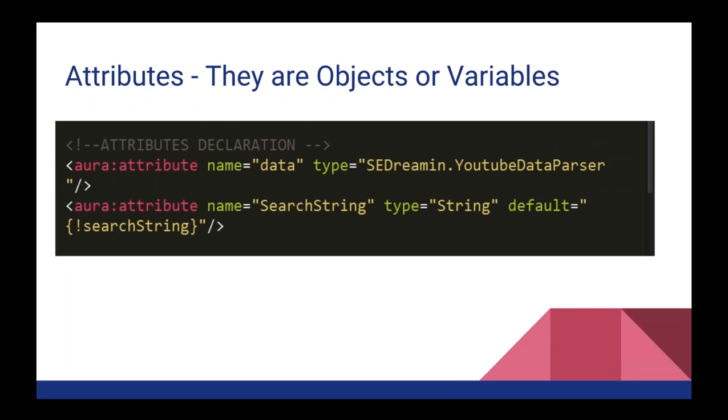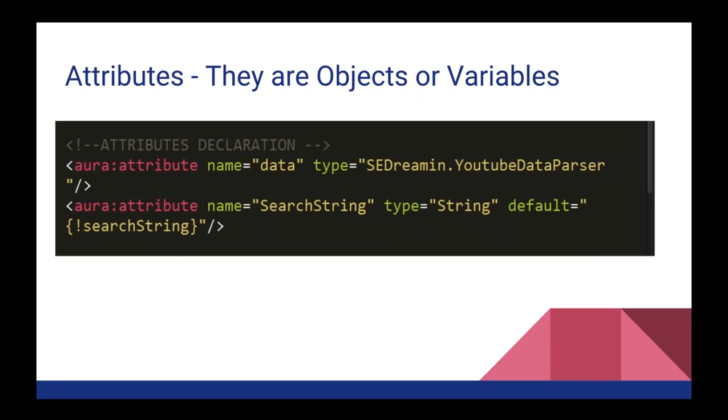So what are attributes, right? Very important to understand. In Visualforce, we have this concept of getters and setters to store those variables that are coming from the page or from the backend controller and displaying on the page. Attributes in Lightning are your objects or variables, just like your Java objects basically.